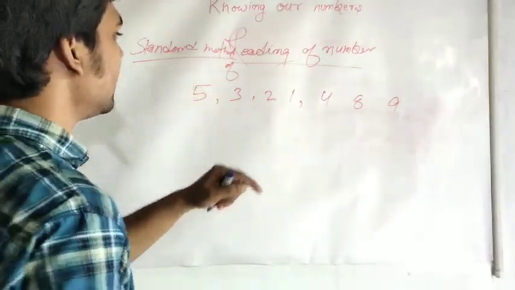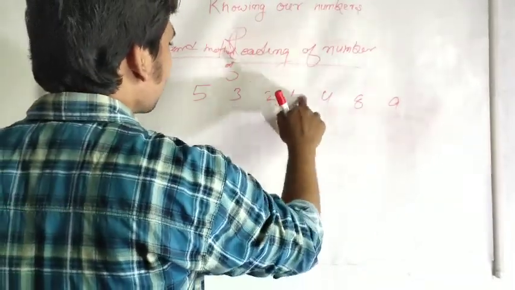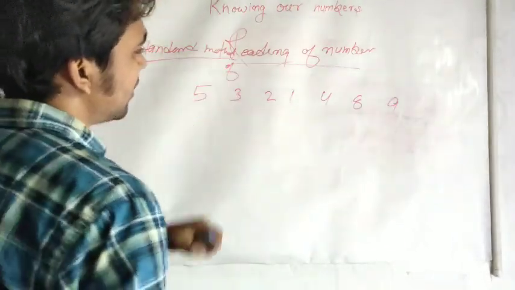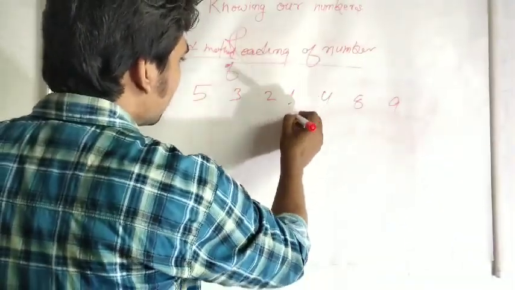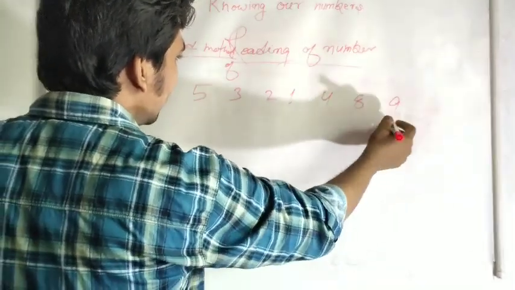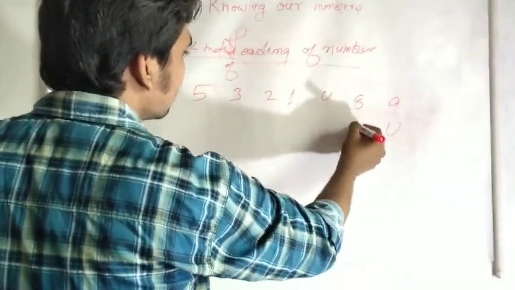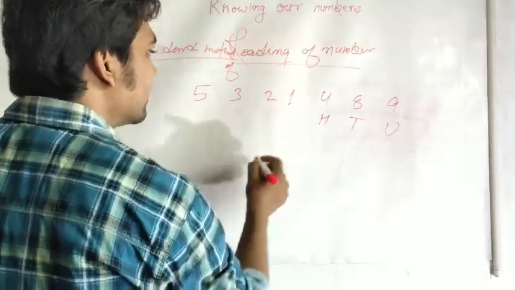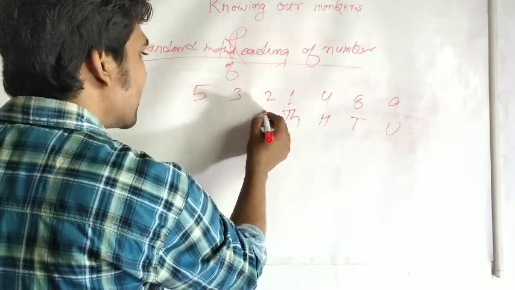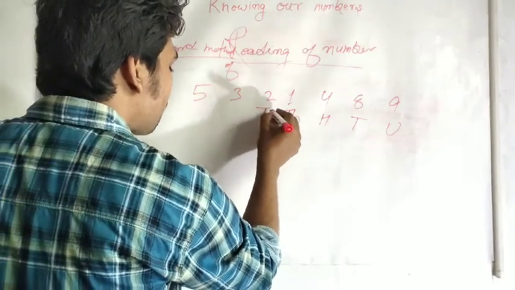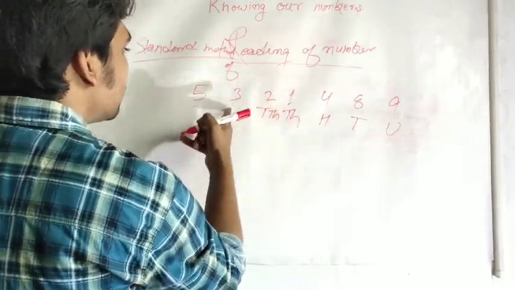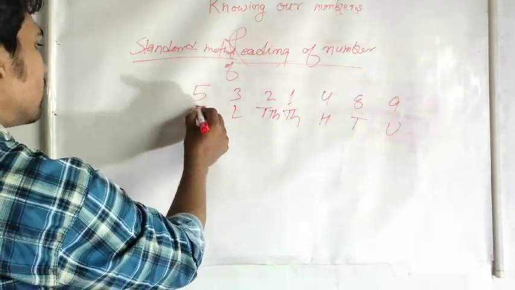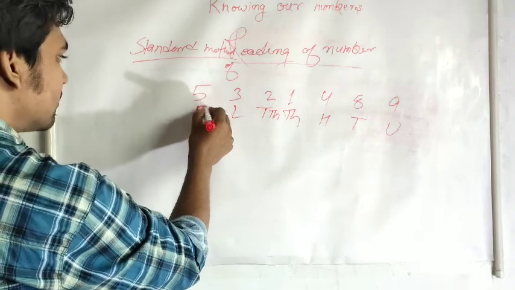Friends, here is the number given. For reading in the international method, we count from the right side: 9 is at unit place, 8 is at tenth place, 4 is at 100th place, 1 is at 1000th place, 2 is at 10,000 place, 3 is at lakh place, and 5 is at millionth place.